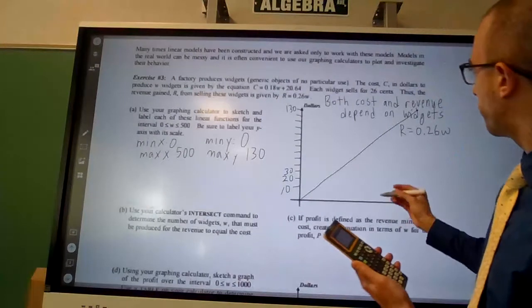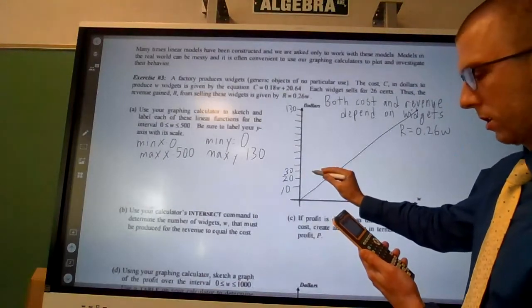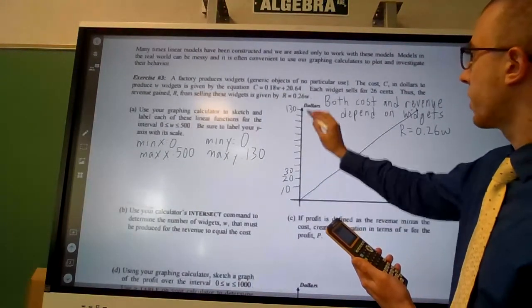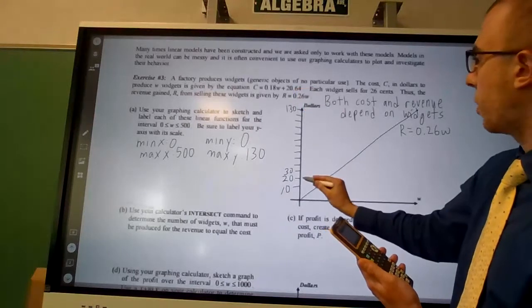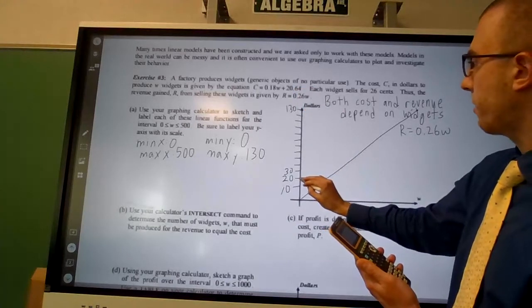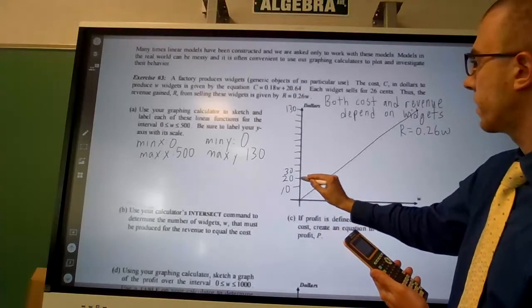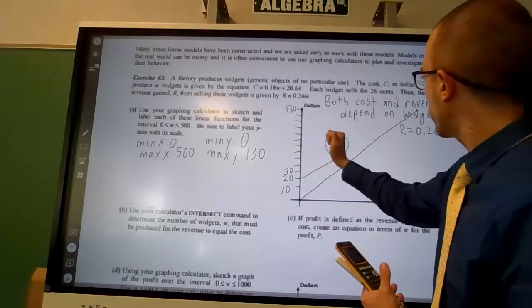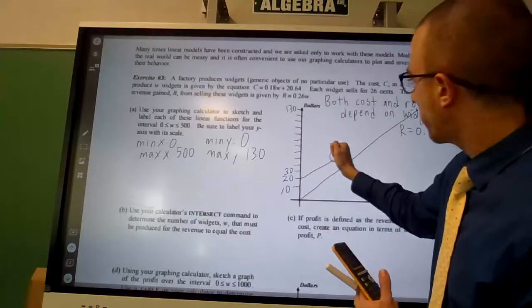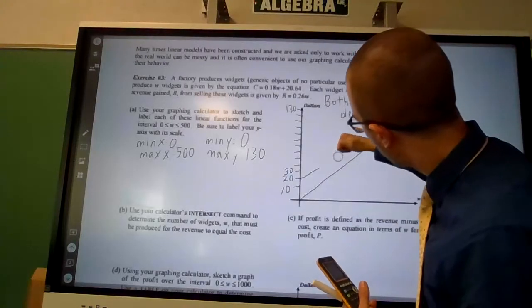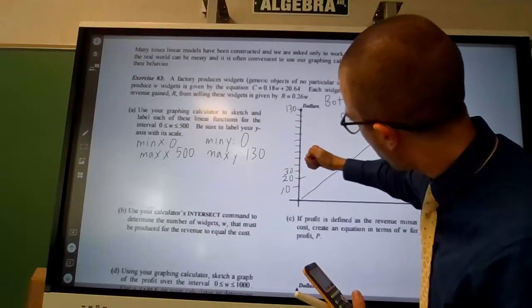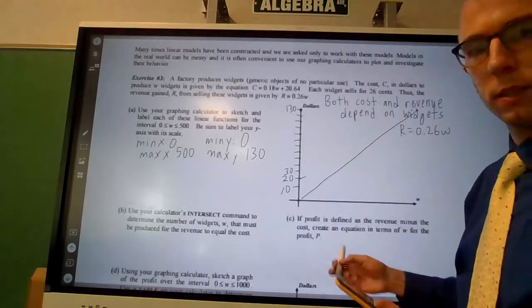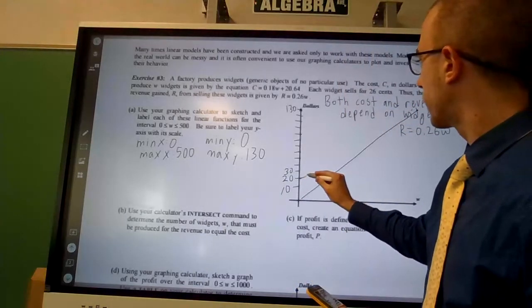Okay, now I need to get my cost function, which the y-intercept was right around 20. So that means it's starting right around 20 here on the y-axis. It's going to go up. Oops, let's redo that. And guys, you should be using your straight edge here. We're going to go up.